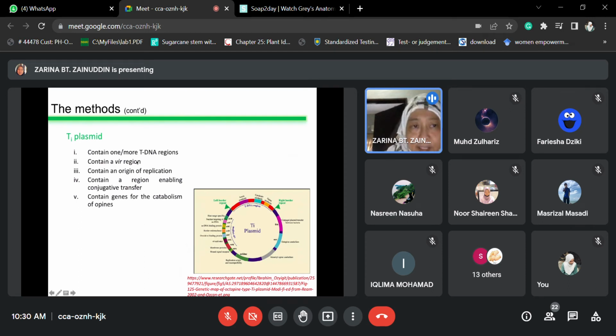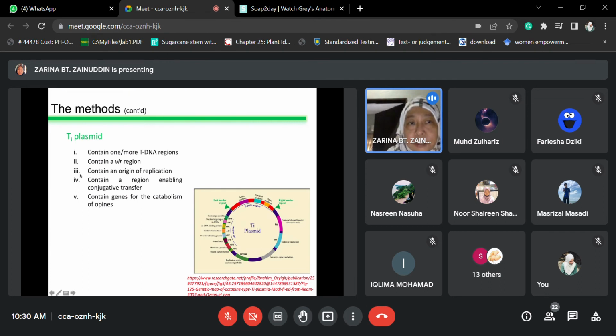Okay, in nature, TI plasmid also contain virulent region. Virulence regions ni adalah genes yang perlu untuk menyebabkan jangkitan. Okay, and TI plasmid also contain origin of replication for the replication of the plasmid. And also contain a region enabling conjugative transfer, conjugal plasmid transfer, and also contain genes for the catabolism of opines.